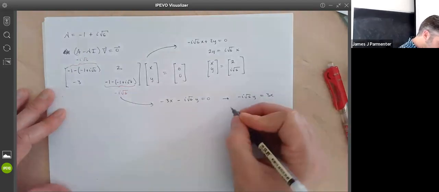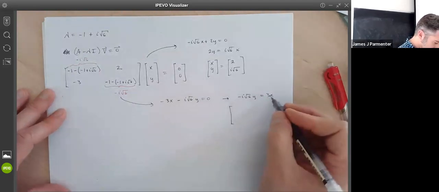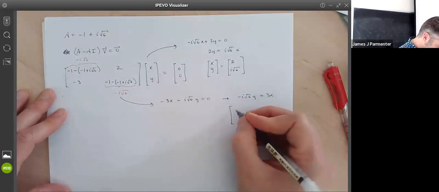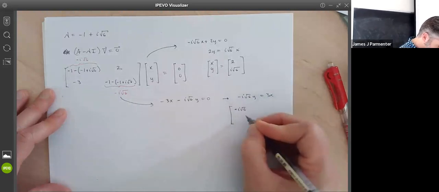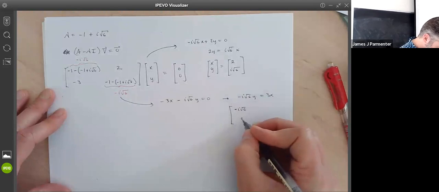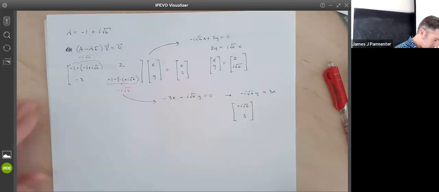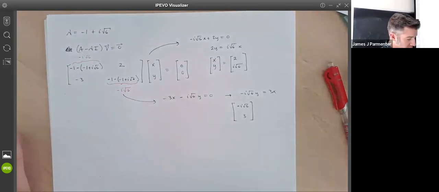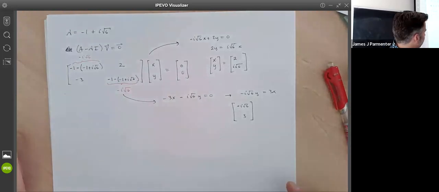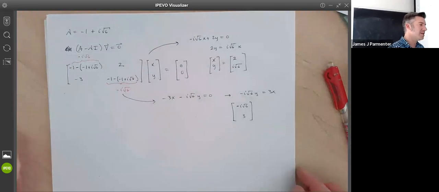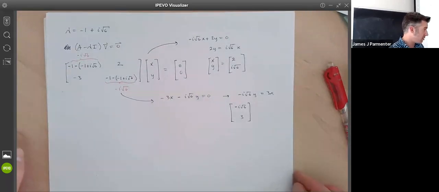So here my eigenvector is, let's see, x is negative i root 6, and then y is positive 3. And I know those really don't look the same. And I guess I lied a little bit. They're not actually the same, but they definitely are multiples of each other.